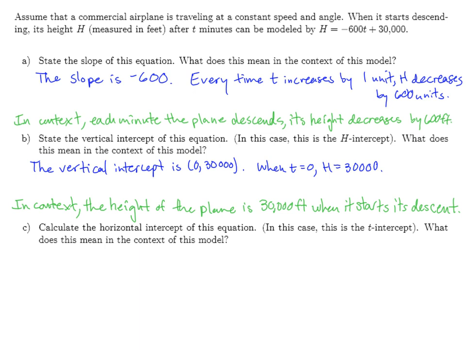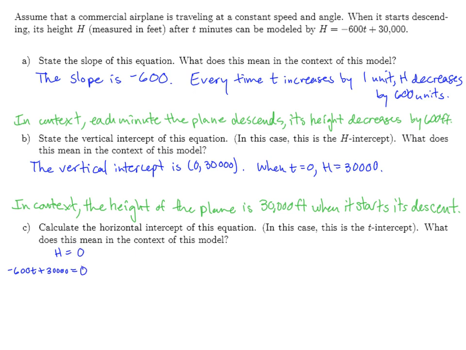Okay, and in the next one, we're going to look at the horizontal intercept. And that's going to be where h is 0, and we're going to solve for the value of t. So I know that h needs to equal 0, and so I'll have negative 600t plus 30,000 equaling 0.